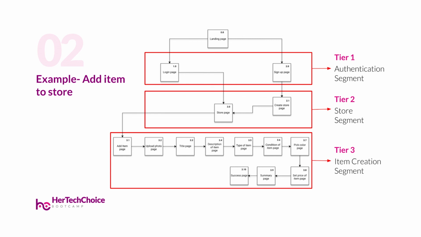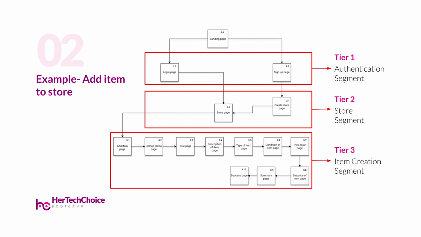So I've divided this feature into three segments, first off is the authentication segment. Tier 2 or segment 2 is the store segment, where you can access the store, you create your store, and you see other stores.